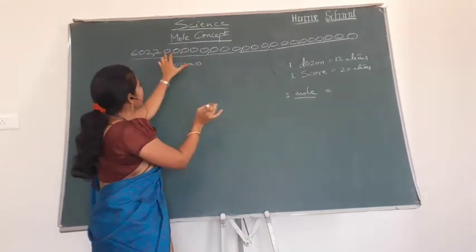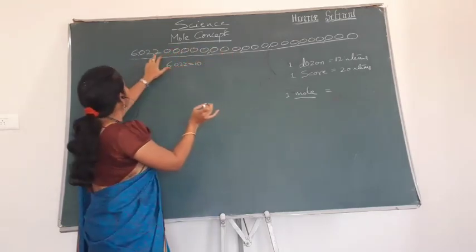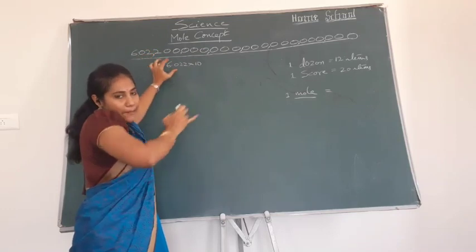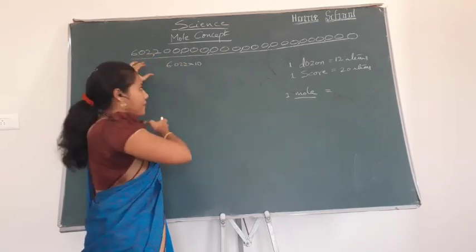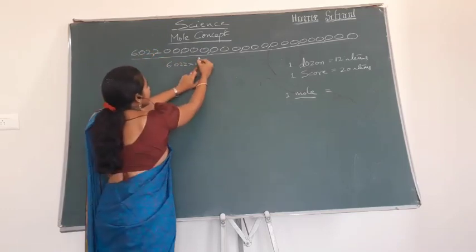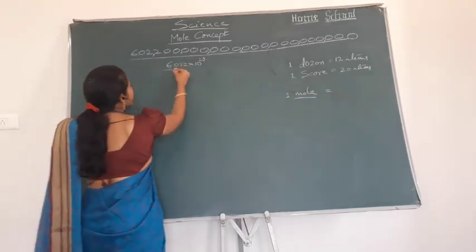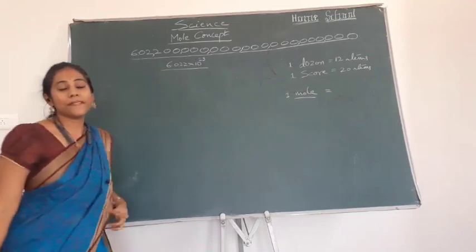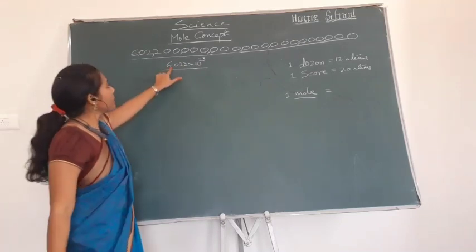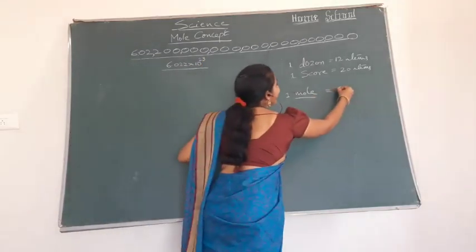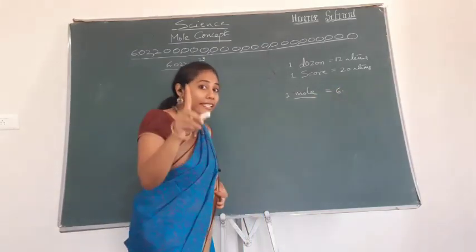These are 20 zeros, 21, 22, 23. Yes, I have moved the decimal point 23 digits towards the left, so I can write 10 to the power of 23. So this is what 1 mole means. Clear, everyone? 6.022 into 10 to the power of 23 items, we will call it 1 mole.